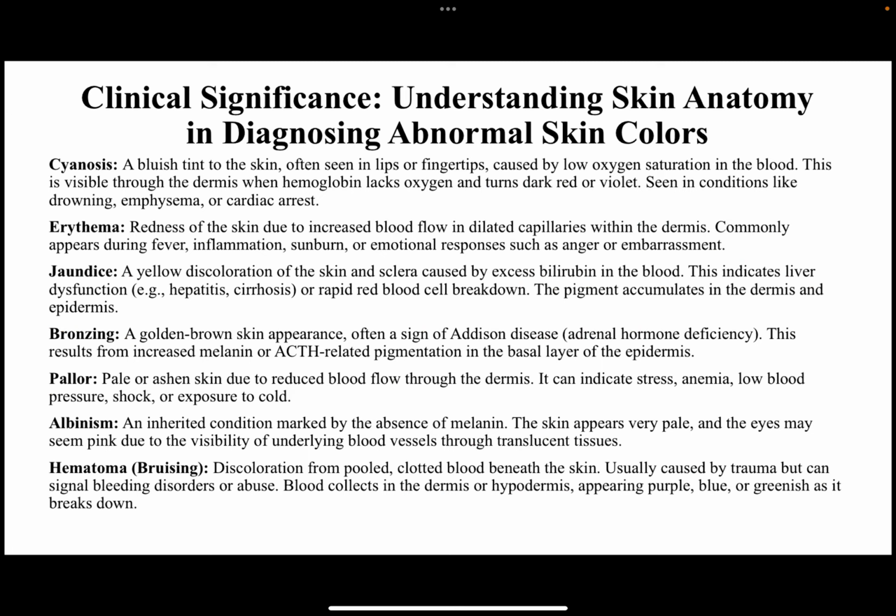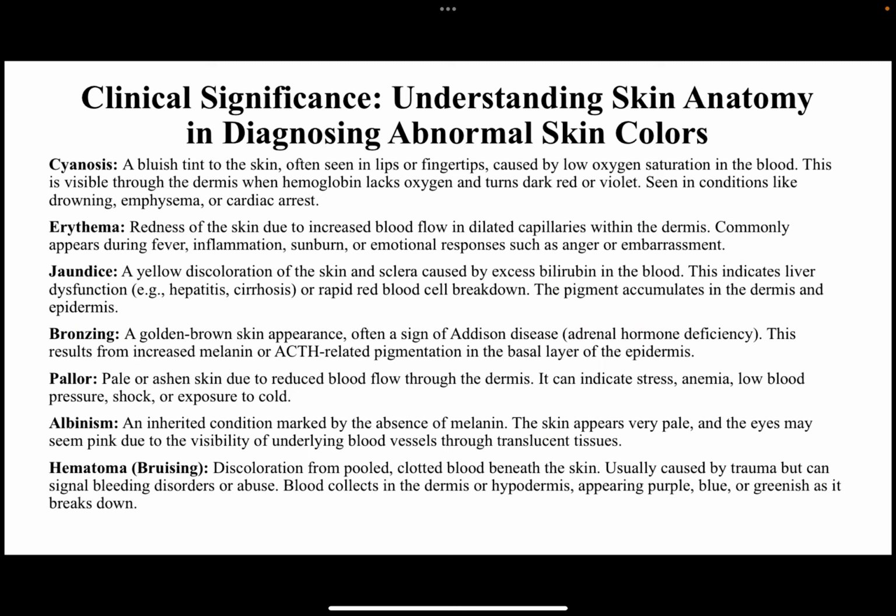If someone is having cyanosis, it's an indication that there is deoxyhemoglobin, which is also a pigment. One of the pigments within the skin is deoxyhemoglobin. It's either you are having hemoglobin or deoxyhemoglobin.